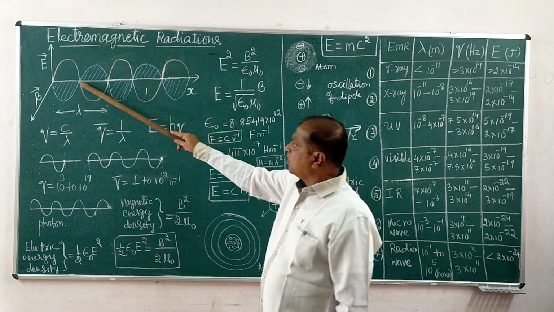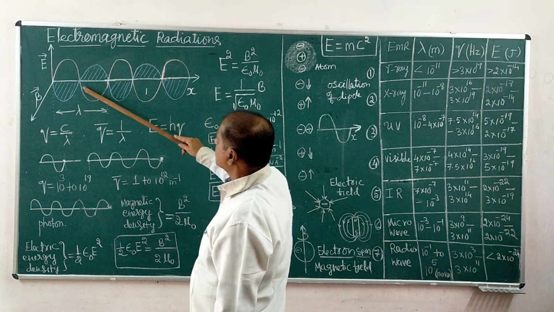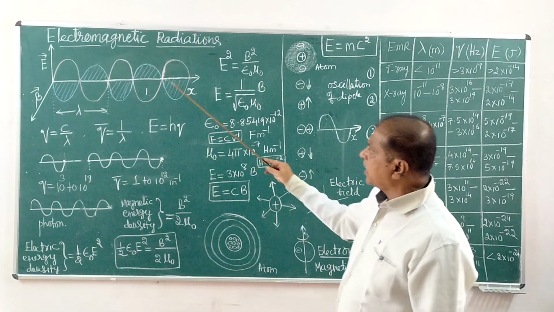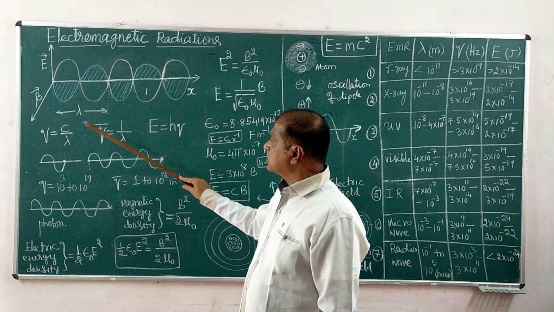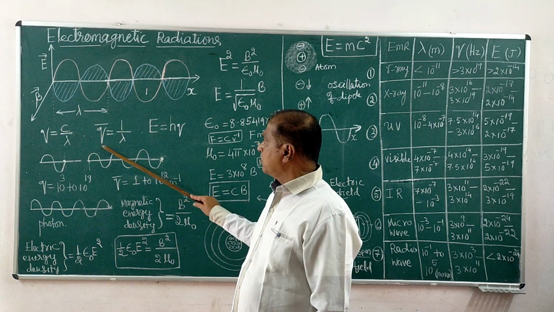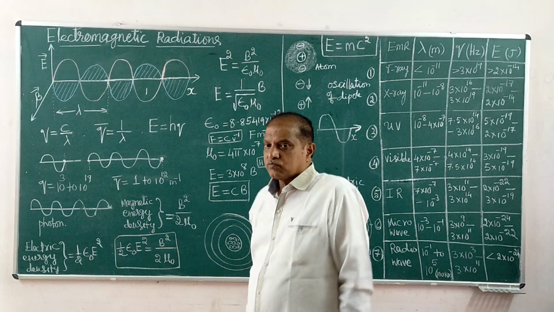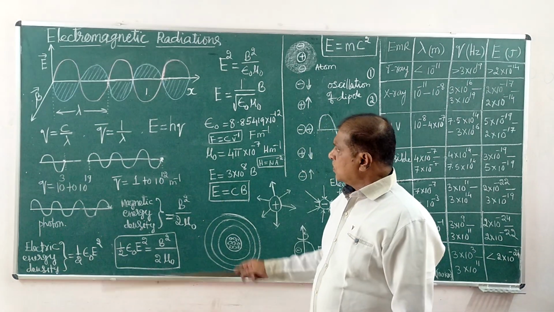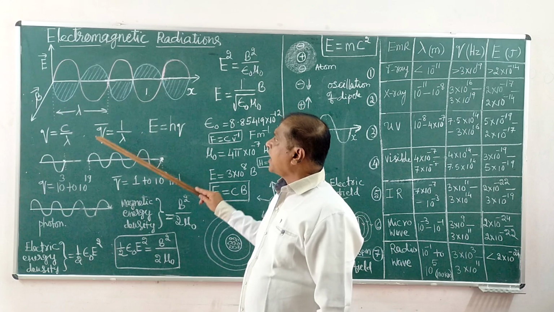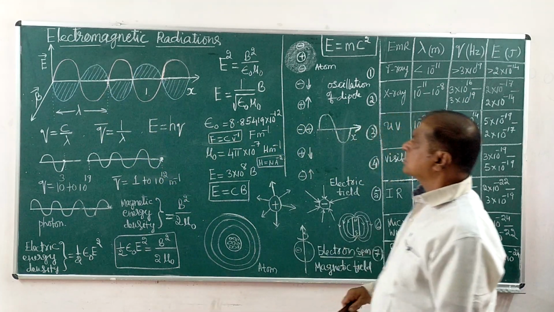Now this electromagnetic radiation is characterized by these properties: wavelength, frequency, wave number, and energy.